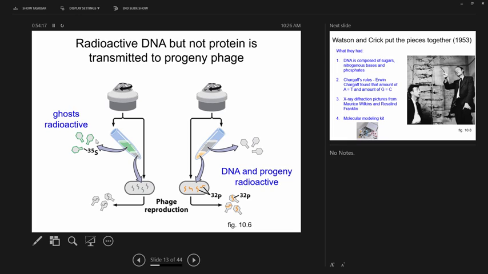You labeled the protein one way, you labeled the DNA the other way, and it showed that the DNA goes into the cells, but the protein does not go into the cells, and therefore the DNA has to be the genetic material because it's the only thing that goes into the cells. The protein doesn't.